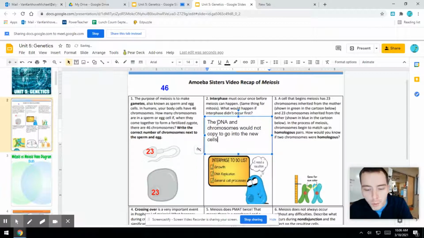Remember, interphase is where DNA copies itself. And so that's where those chromosomes are copied before the new cells are made. So if interphase doesn't happen, then there's no DNA or blueprint to go to the new cells.